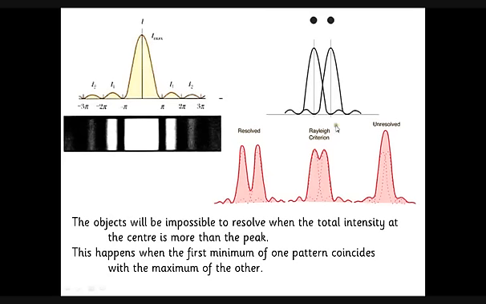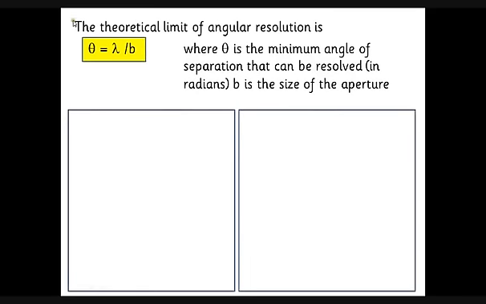And the Rayleigh criterion, the criterion for being able to tell if you'll resolve it or not, is when the peak of this one corresponds to the first minimum of the other one. So if you remember back to our objectives, we were trying to take a quantitative look at this. Well, the quantitative rule is that the smallest angle you can resolve is the wavelength that you're looking at divided by the size of the aperture.